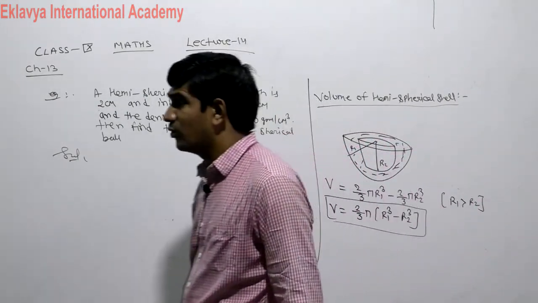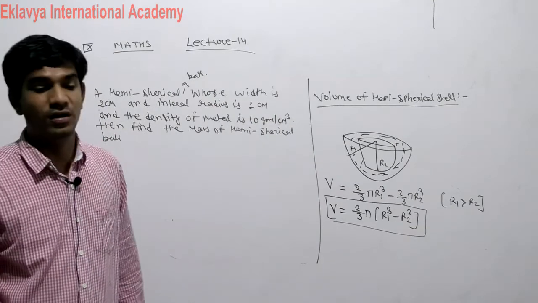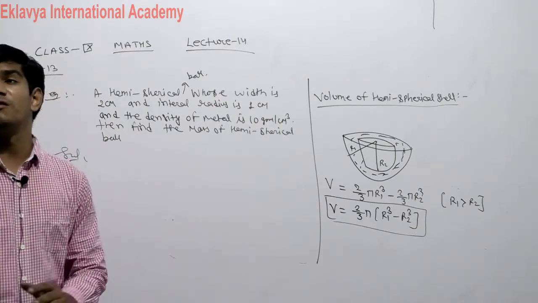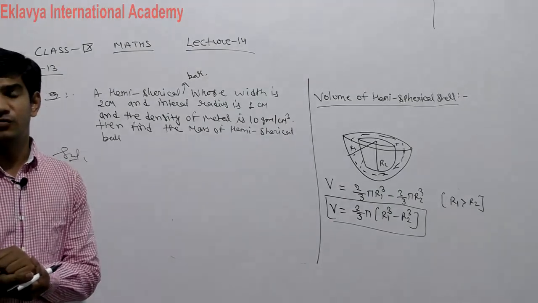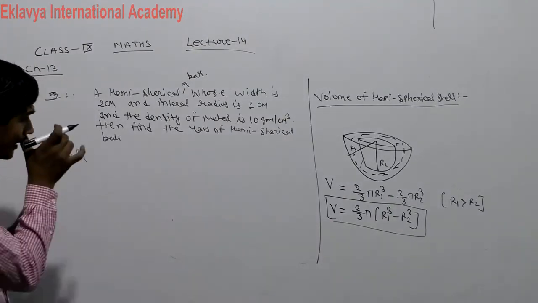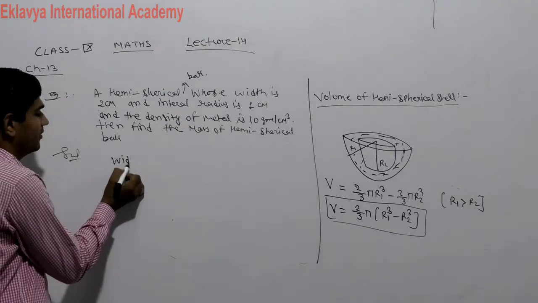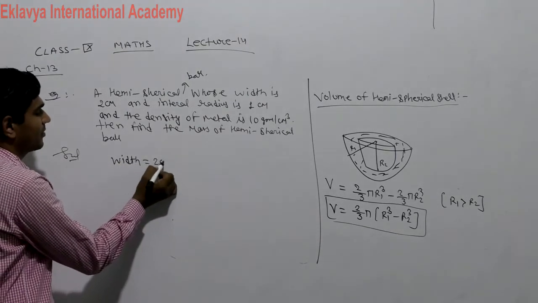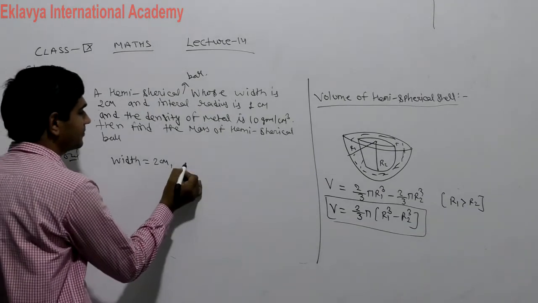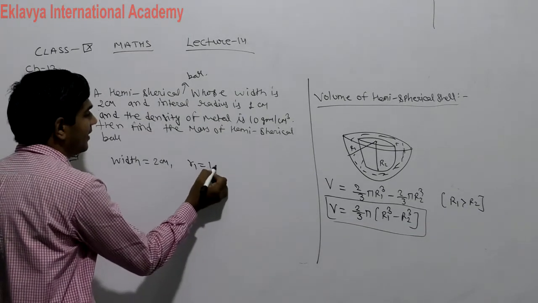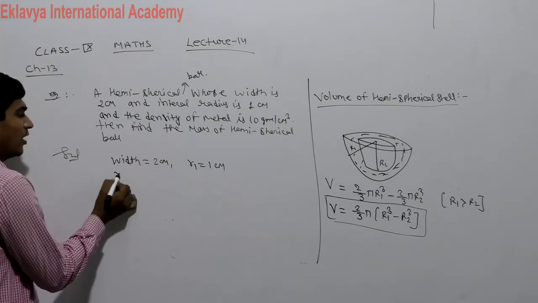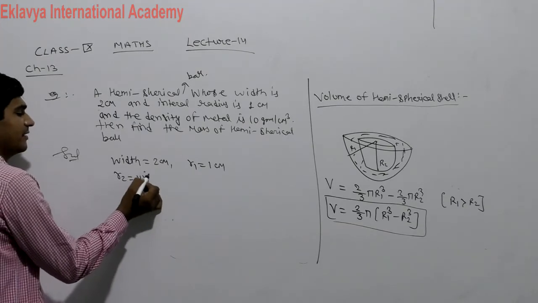So to calculate the mass of the hemispherical ball, firstly we will find out the volume of the hemisphere. So students, how will we find out the volume? Given to you, its width is 2 centimeter, internal radius r1 is 1 centimeter. So how will we calculate the external radius?